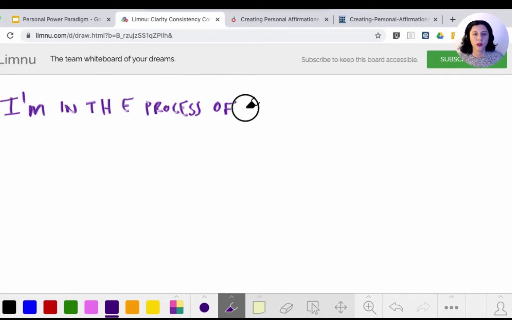Let's use this for an artistic example. Let's say you're starting to explore a new paint medium, a new type of paint that you've never worked with. And in your mind, you hear this thought that you think is going towards a belief, like, I'm not good with acrylic paint.